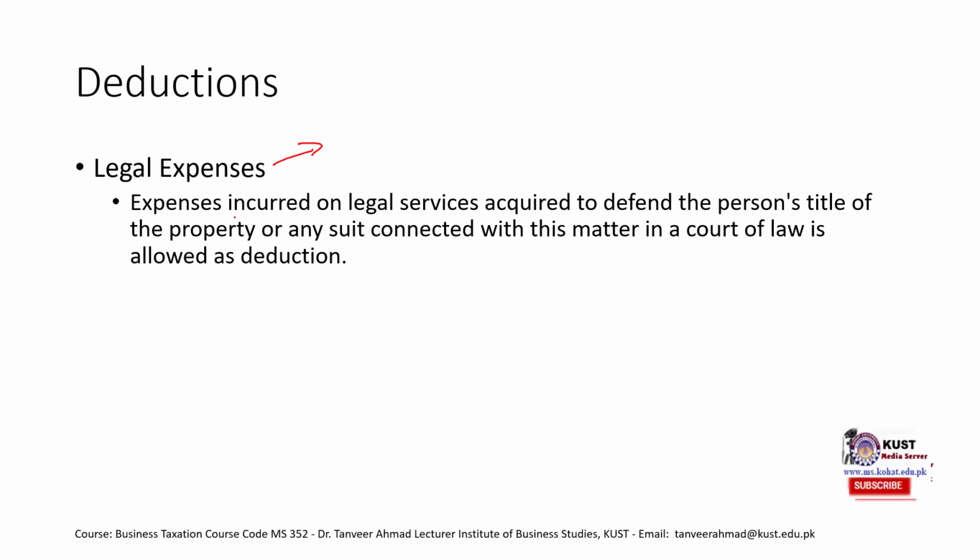So expenses incurred on legal services acquired to defend the person's title. What does this mean, person's title? Let's just say Mr. A says that this property belongs to me, and Mr. B says that this property belongs to me. Then all the legal expenses that are incurred during this process are allowed as deduction.